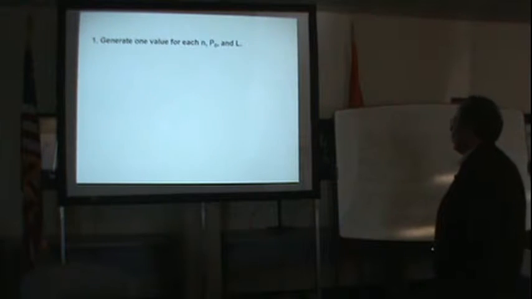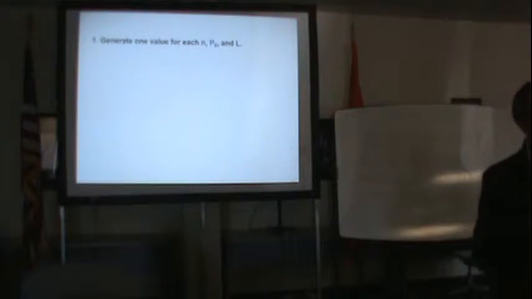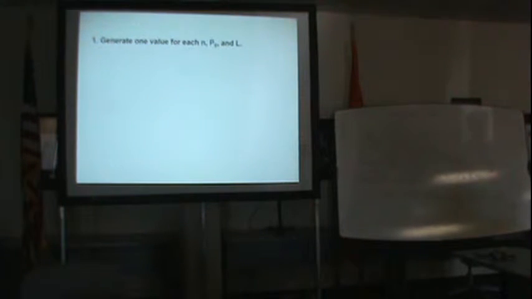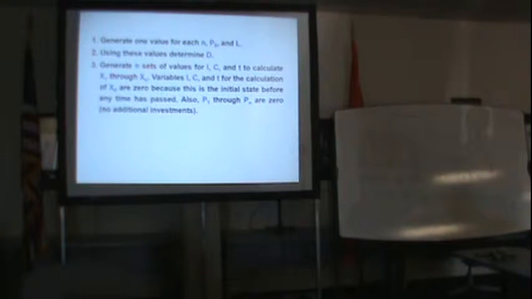Here we are going to start simulating one operation, or one investment, if you will. First, you simulate n, P0, and L. Then, using these values, you determine D. And then, since you simulated n, you generate n sets of values for i, for c, and t to calculate x1 through xn.